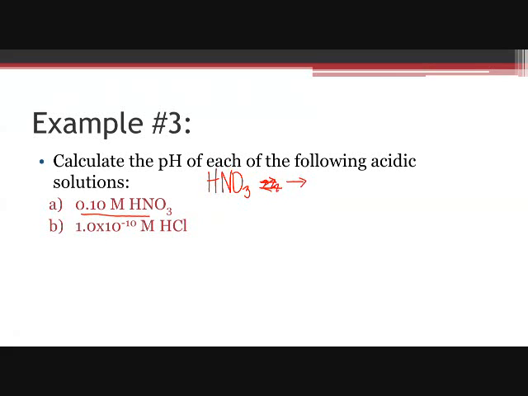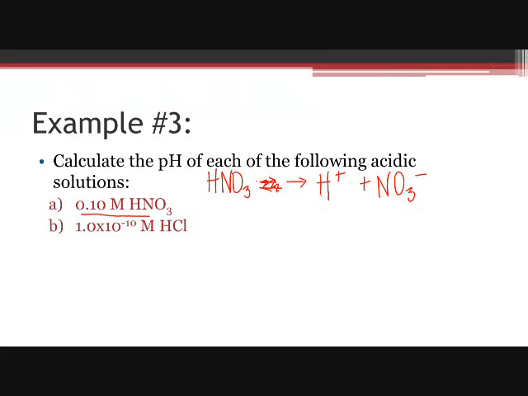It would just be a regular arrow, okay, because there won't be any change back. And that means that the complete concentration from the acid will also be the complete concentration for the hydrogen ion, and it will be the same number for the nitrate ion.